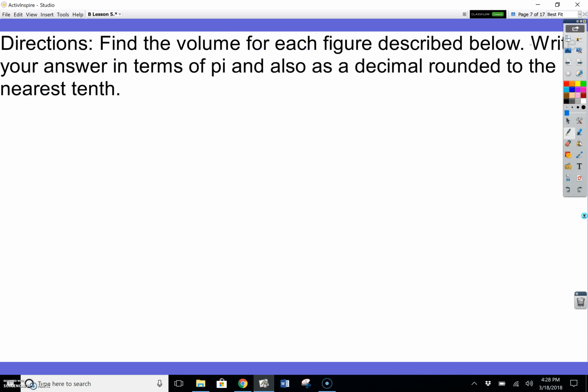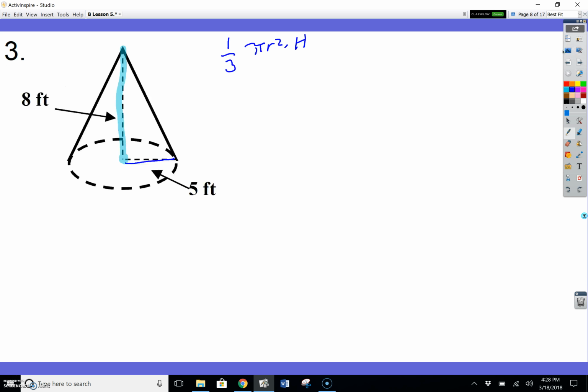Now I believe the directions said it wants us to find the answer in terms of pi, which is the most accurate, and as a decimal rounded to the nearest tenth. So as in the previous lesson, we're just going to leave pi all by itself and then at the very end multiply it by 1/3. Later I'll multiply by 3.14. Looking at this formula, I'm going to have 1/3 pi times 5 to the second power times the height, which is 8.